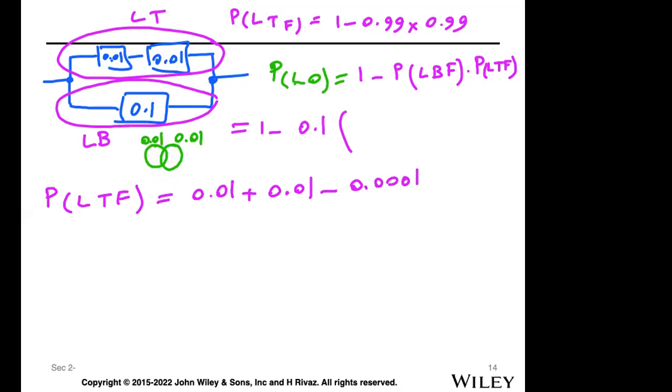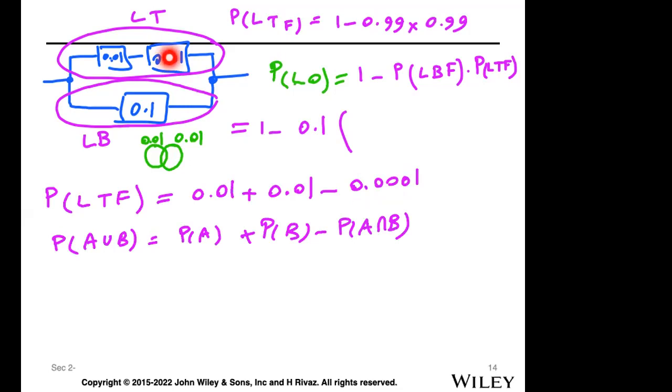So here I use this property that P of A union B, so either this fails or the other fails, is equal to P of A plus P of B minus P of A intersection B. In this case, the number that we subtract is very small because these probabilities are small, right? But that's not always the case.